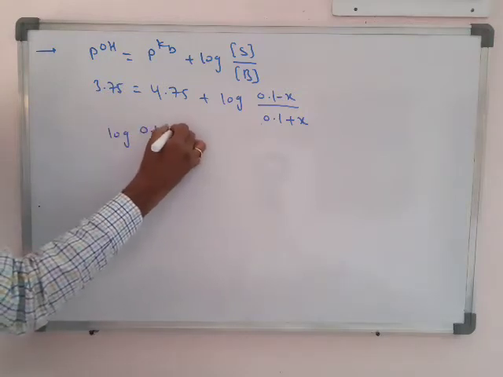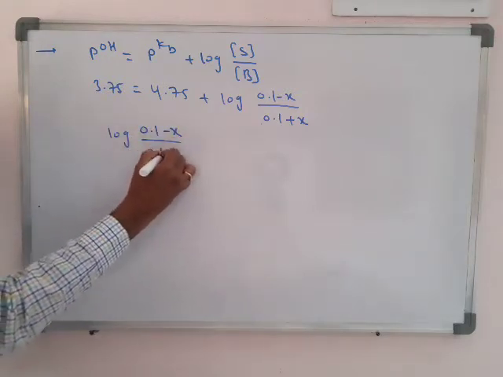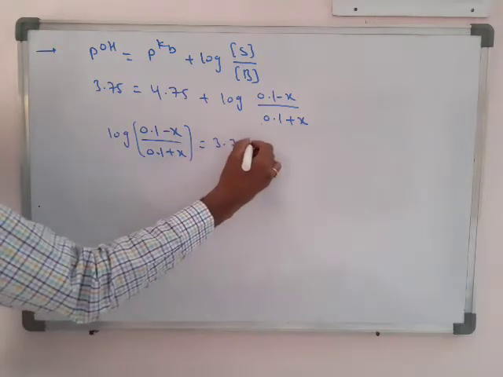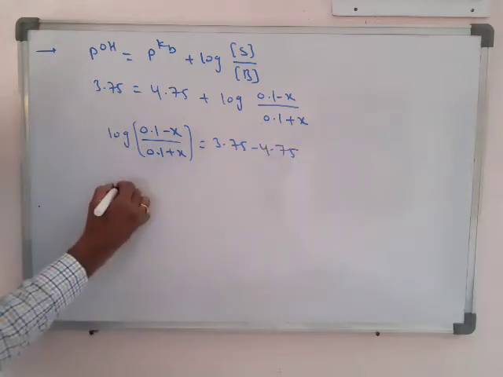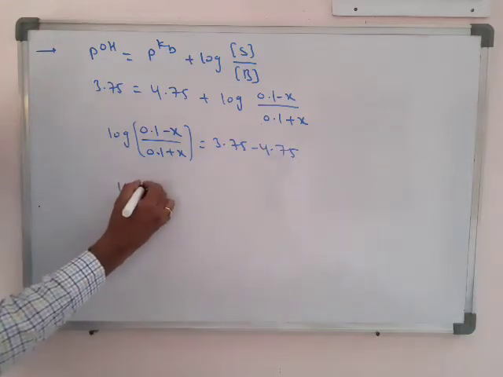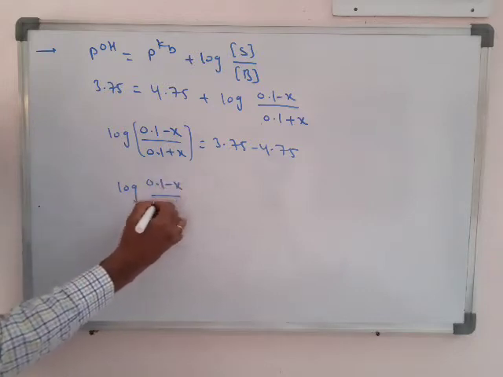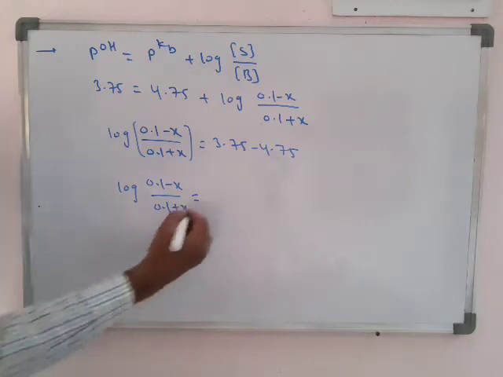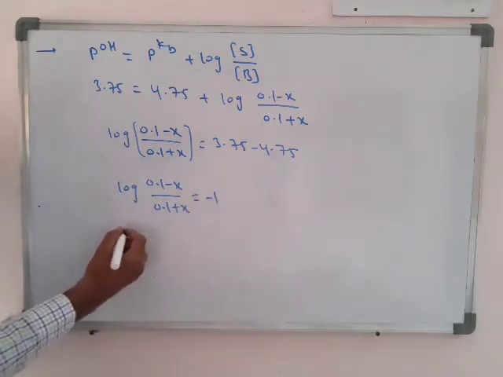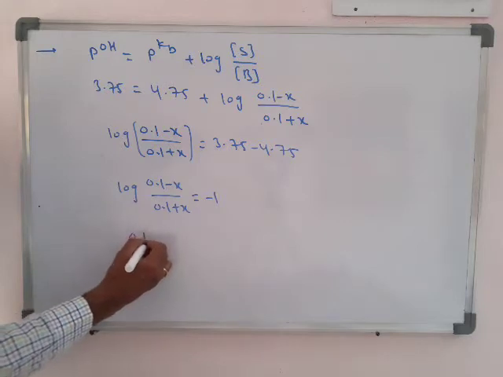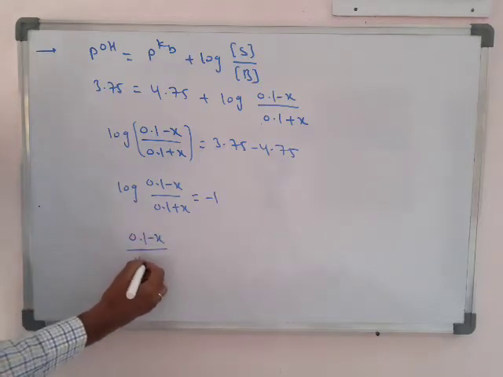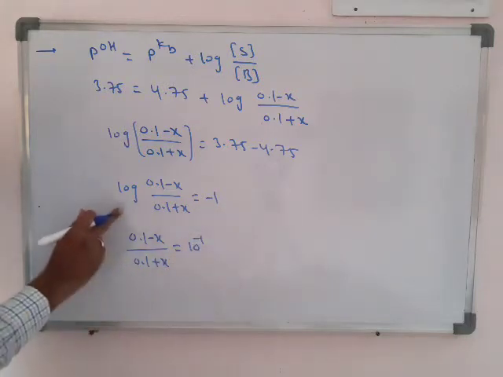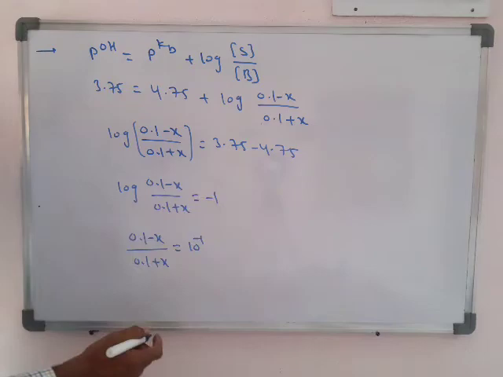You can say log (0.1 minus x) by (0.1 plus x) equal to, so equal how much we will get in the negatives. So no problem. After removal of logarithm in the mathematical formula, this can be written as 10 power minus 1.